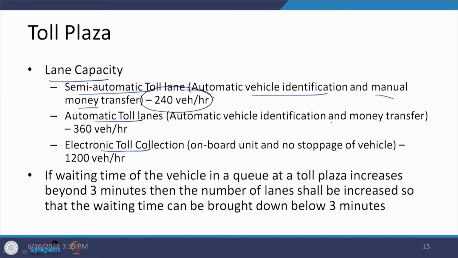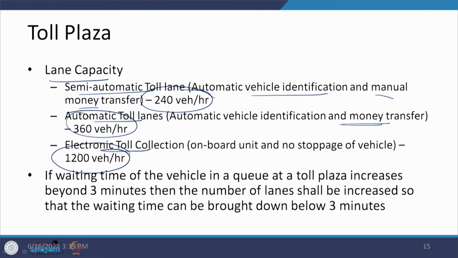But when it changes to a better money transfer like a smart card, it is 360 vehicles per hour. And if it is a totally electronic system, the vehicle may not even need to stop. If the system is so good, it can be 1200 vehicles per hour.